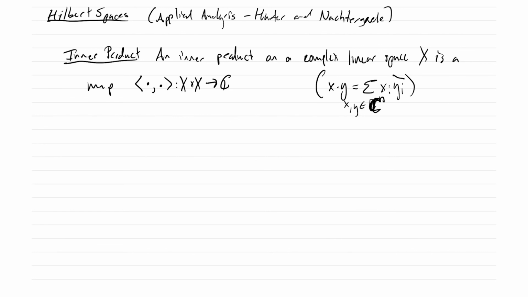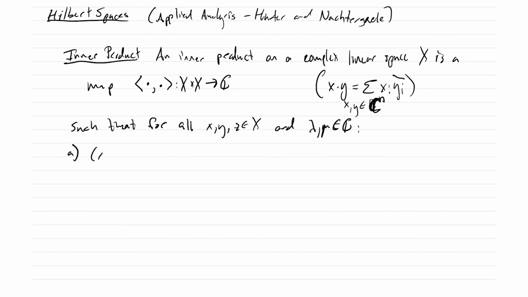Okay, such that for all, say, X, Y, and Z in X, so more general than just Rn, and lambda, mu in C, so in our field of scalars, we have the following. So again, this is another spot where I differ from Hunter.